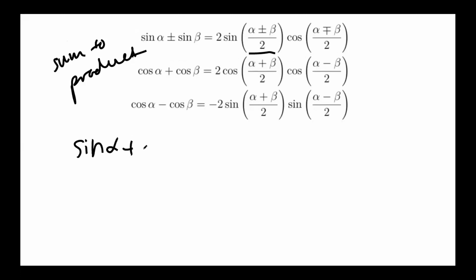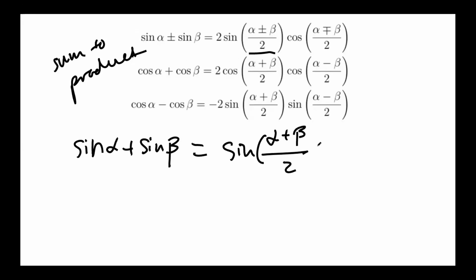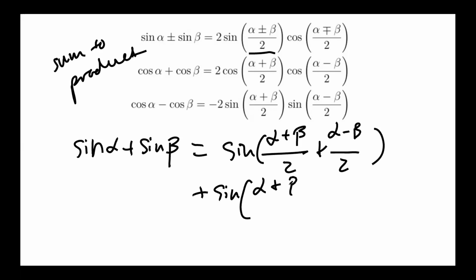So let's start with sine alpha plus sine beta. And then we can write this way, sine, this is going to be a lot to write. It's alpha plus beta plus alpha minus beta over 2, plus sine of alpha plus beta over 2 minus alpha minus beta over 2.